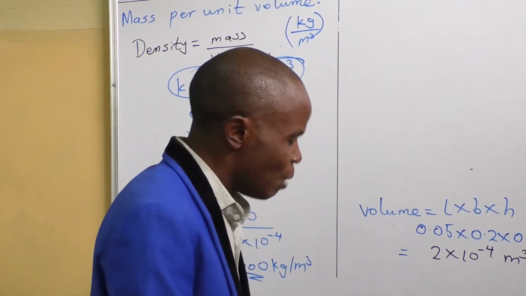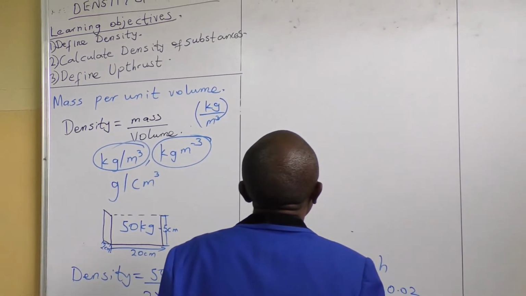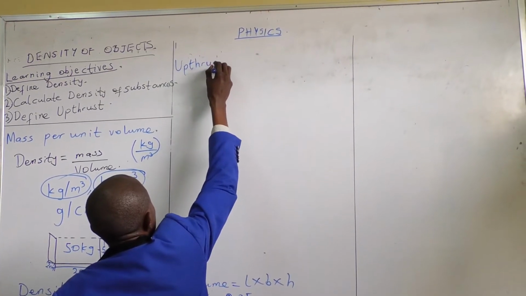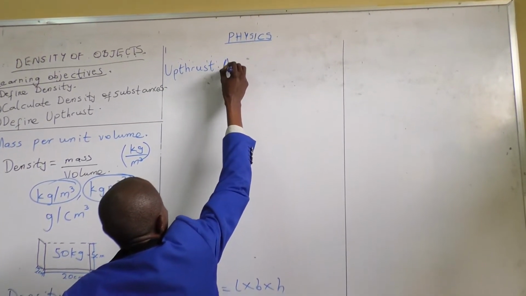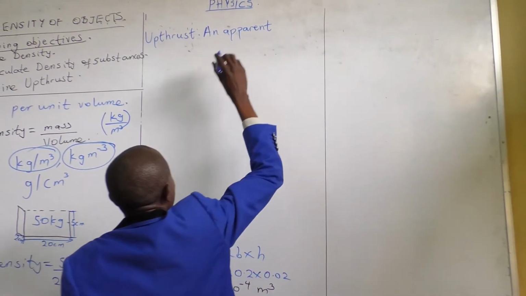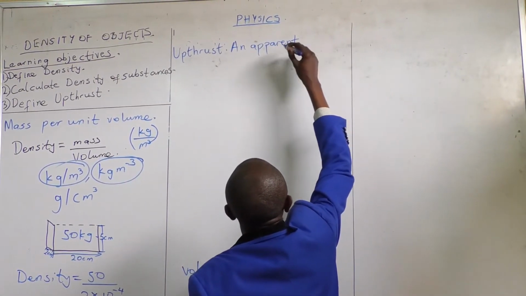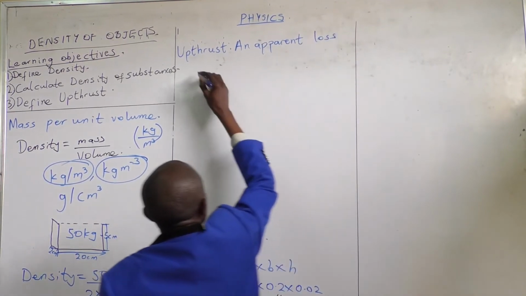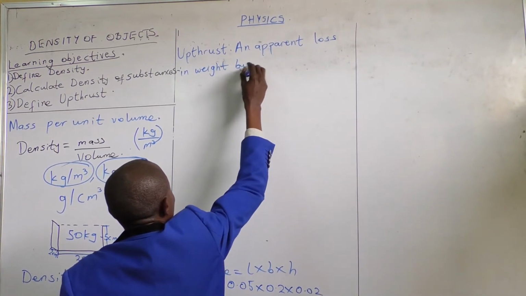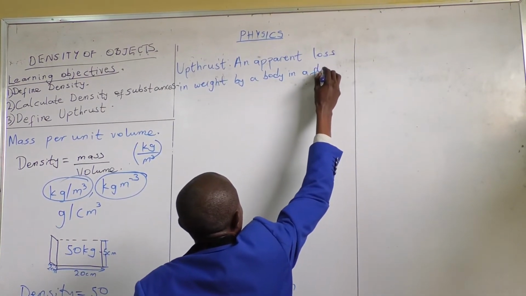So we can simply say that upthrust is an apparent loss in weight by a body in a fluid. I say apparent because it's not real. It's not as if your weight is diminishing. It's just because there's something acting on you in the fluid that is making you feel lighter.